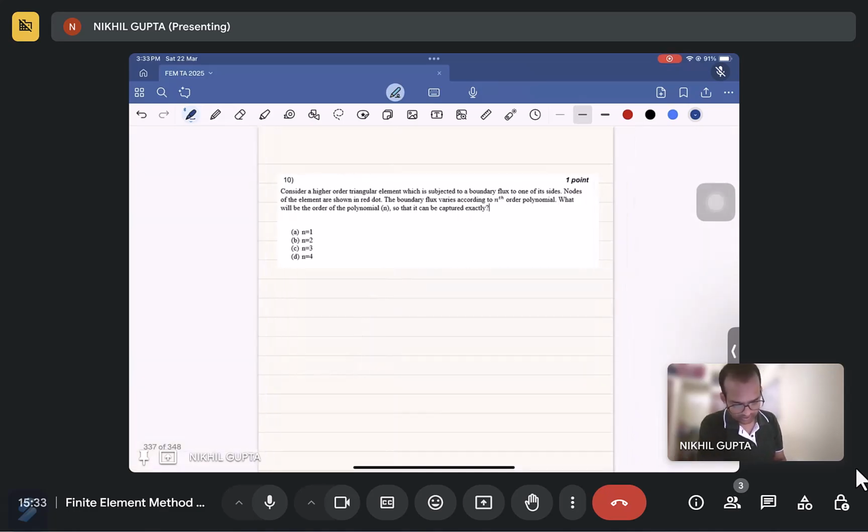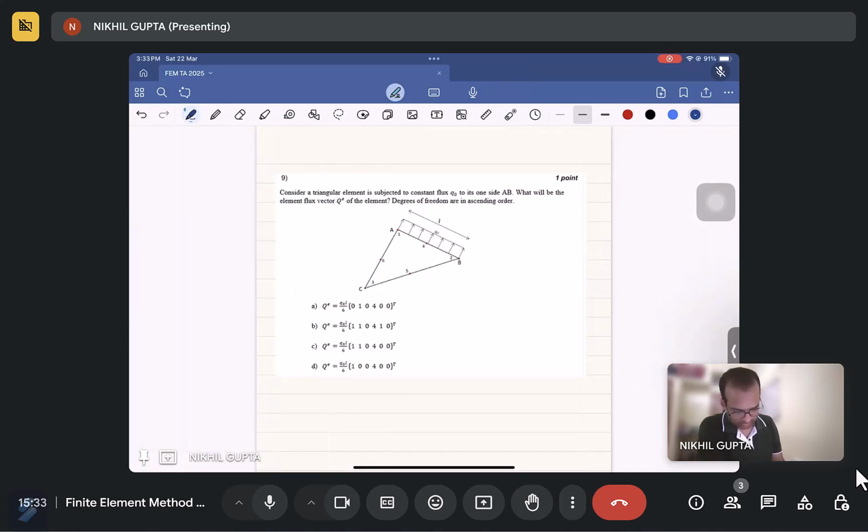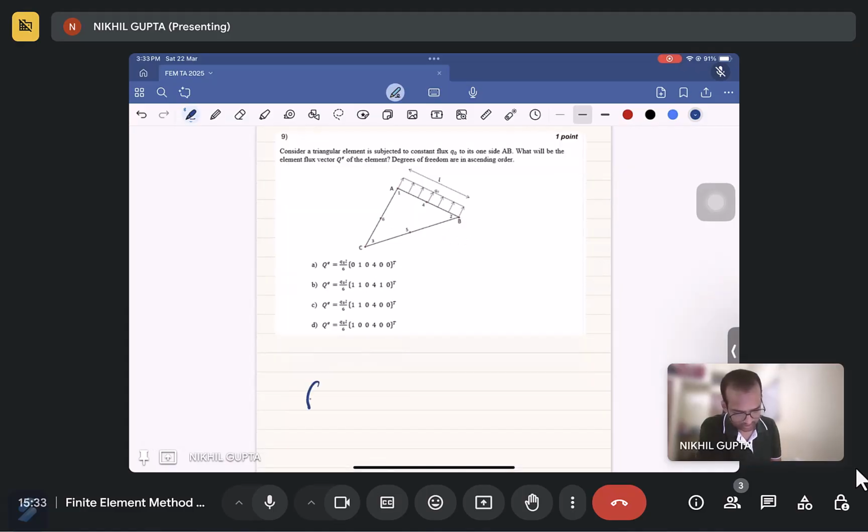I think this can be solved using the Lagrangian functions. Means you have to find the force vector, no? Flux vector. The question is asking the force that will be at 1, 4 and 2. All the nodes are 1, 2, 3, 4, 5, 6.